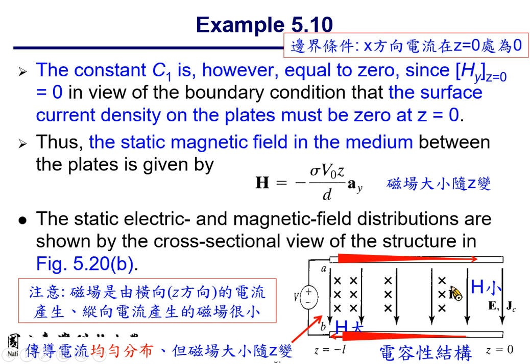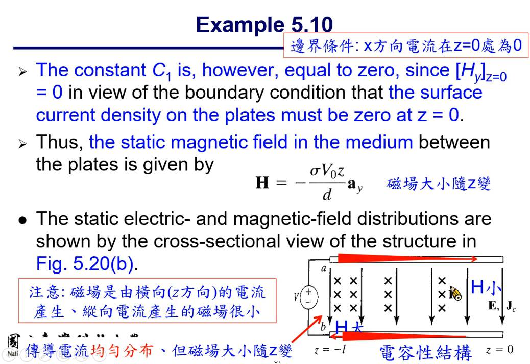So what happens within this structure? In this parallel capacitor structure, how do we have electrical conducting currents? Because the material is somewhat conductive, right? So you have these black arrows, the conducting current, and so is the electrical field.